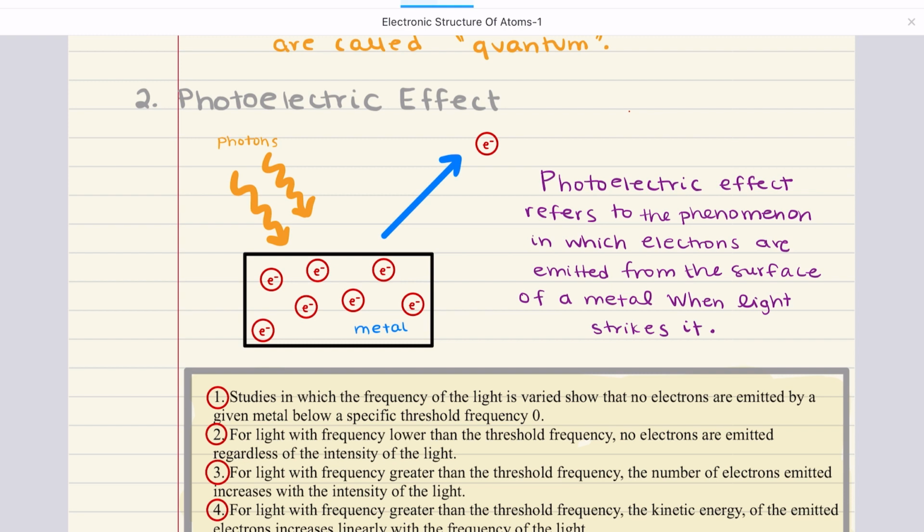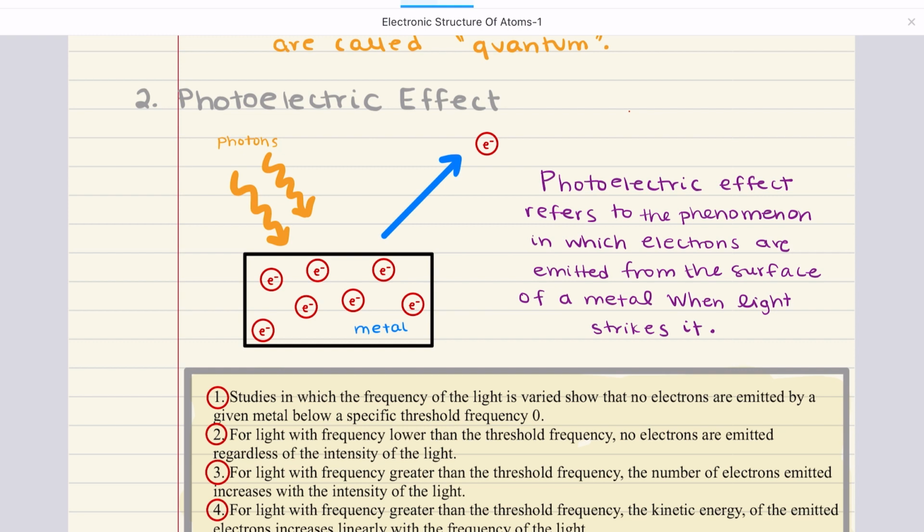But then when the frequency of the light exceeds that of the threshold frequency, then electrons are emitted, and their number actually increases with higher light intensity. In addition, the kinetic energy of the emitted electrons also rises with increasing light frequency above that threshold, meaning the electrons are ejected at higher speeds.